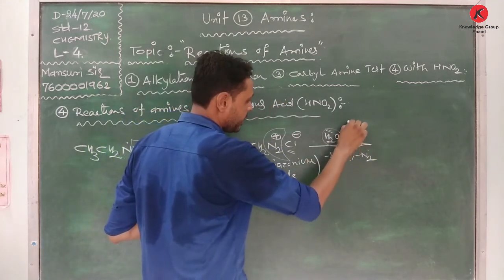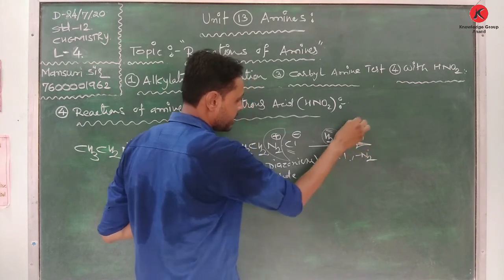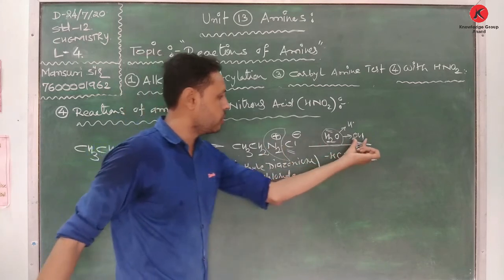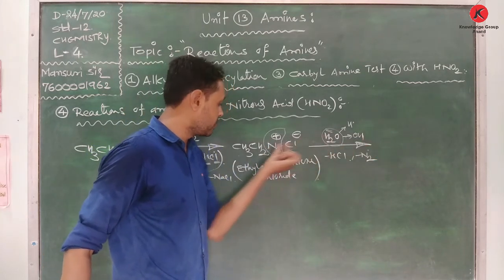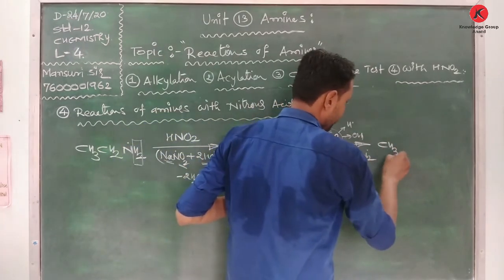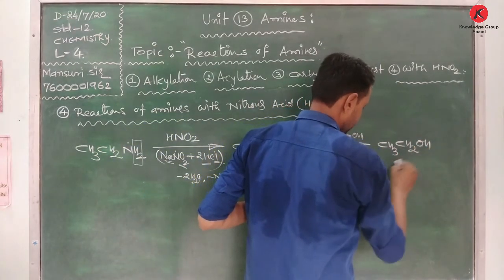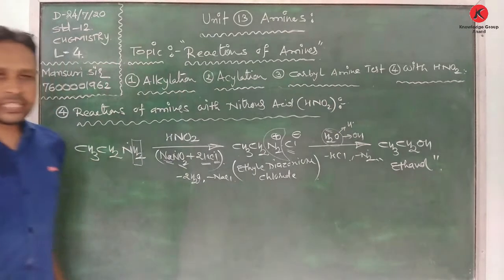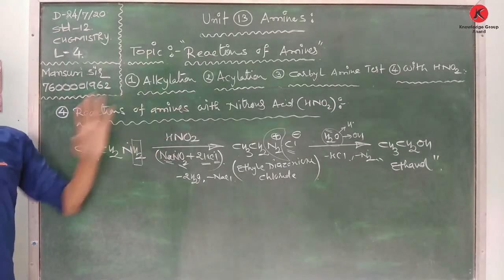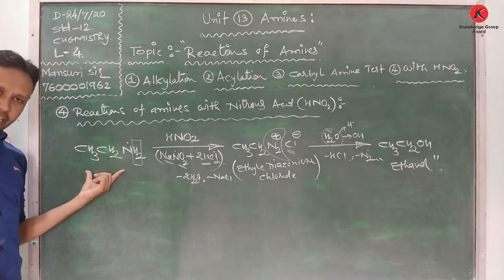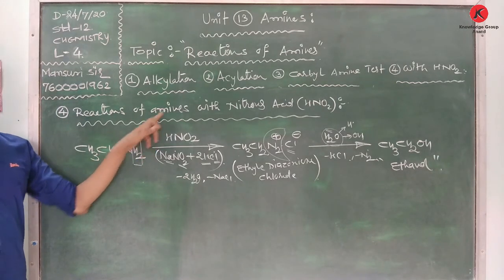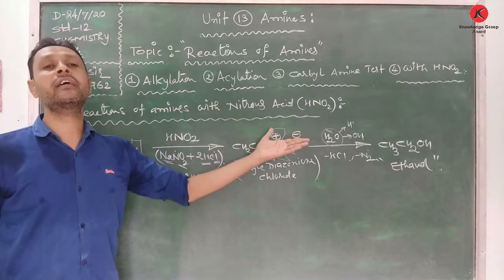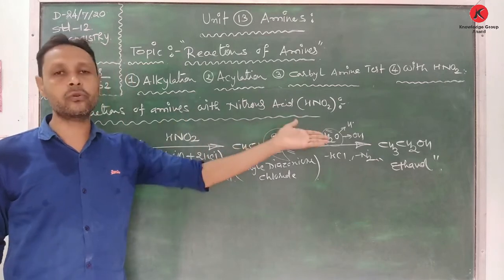Because H2O contains H and OH, this H will be removed with Cl and this N2 will be removed. That is why only OH is attached to this ethyl, so ethanol is formed. So by this reaction we made alcohol. So an aliphatic amine reacts with nitrous acid, forms a diazonium salt, and after reaction with water it forms alcohol.